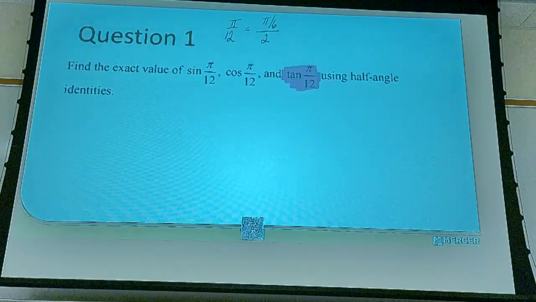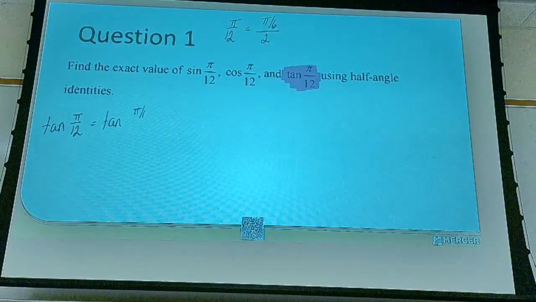Fine, let's look at tangent pi over 12. We have three forms to choose from.